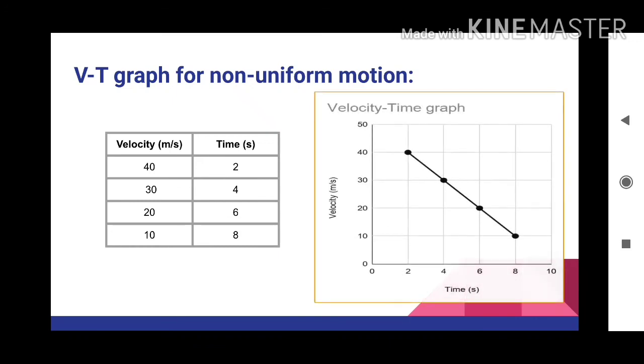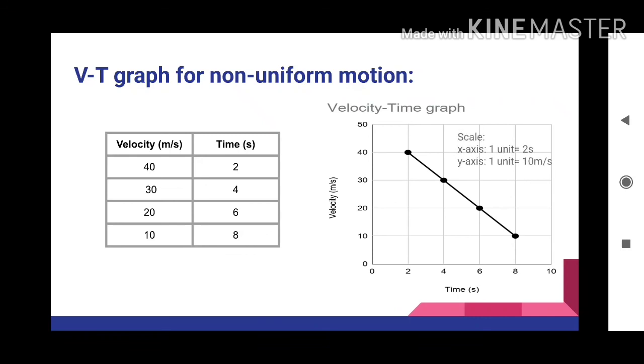So this is the plot. This plot gives you a negative slope. Here it is decreasing. Once again, time is taken on the x-axis in seconds, and velocity is taken on the y-axis in meter per second. The scale: on the x-axis 1 unit is equal to 2 seconds and on the y-axis 1 unit is equal to 10 meter per second.